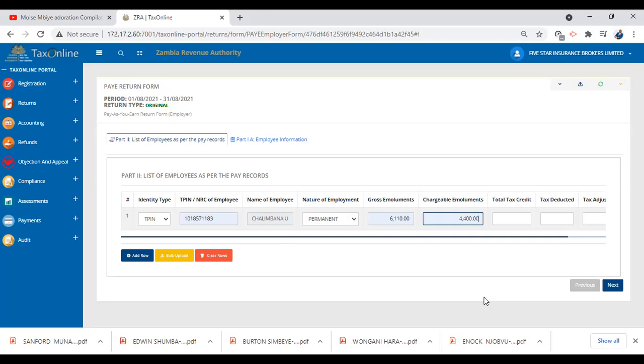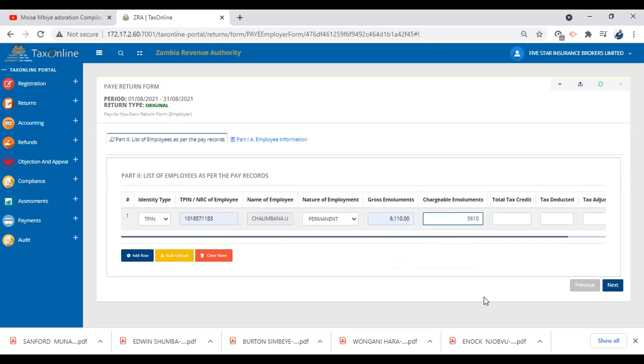So in an organization, if you have such a member who has given you proof of membership of the disability association, then if their gross salary is 6,110, you must subtract 500 kwacha from that, meaning the chargeable amount in that case will be somewhere in the region of 5,610.